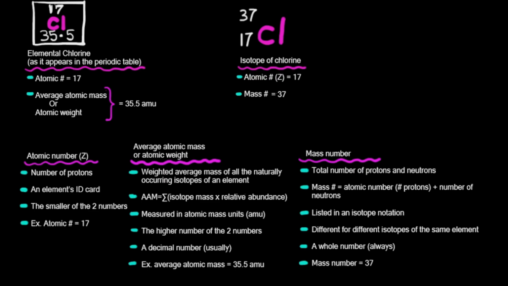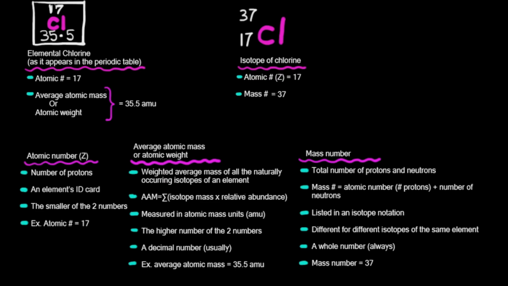Let's now describe the mass number. The mass number is the sum of the protons and neutrons in the nucleus of an atom. The equation for the mass number is equal to the number of protons plus the number of neutrons, or the atomic number, which is equal to the number of protons, plus the number of neutrons.